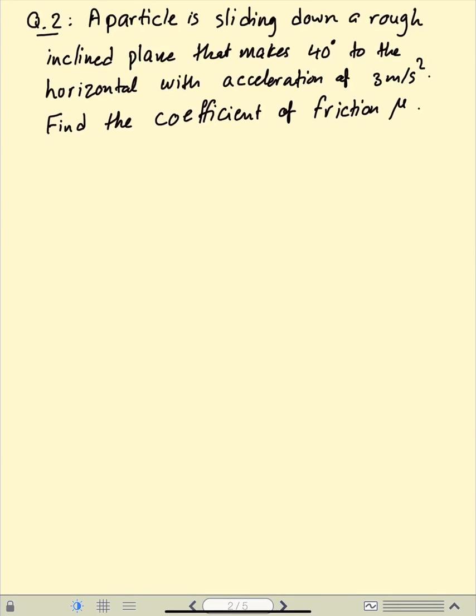Find the coefficient of friction, mu. Notice in this question that he didn't give me the mass of the particle, m. He didn't give it to me.